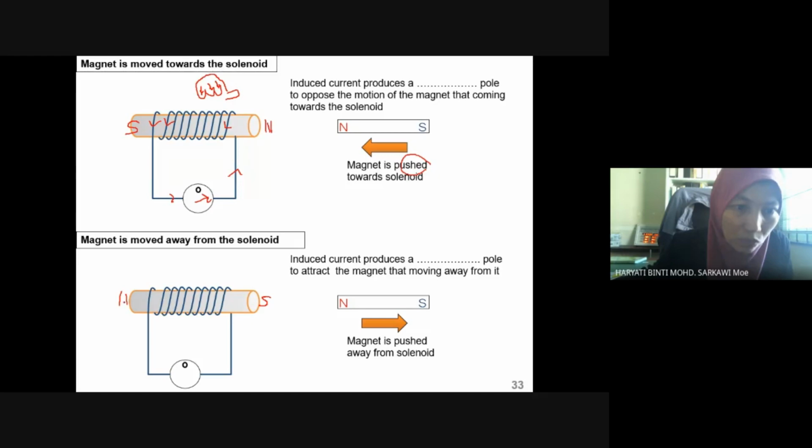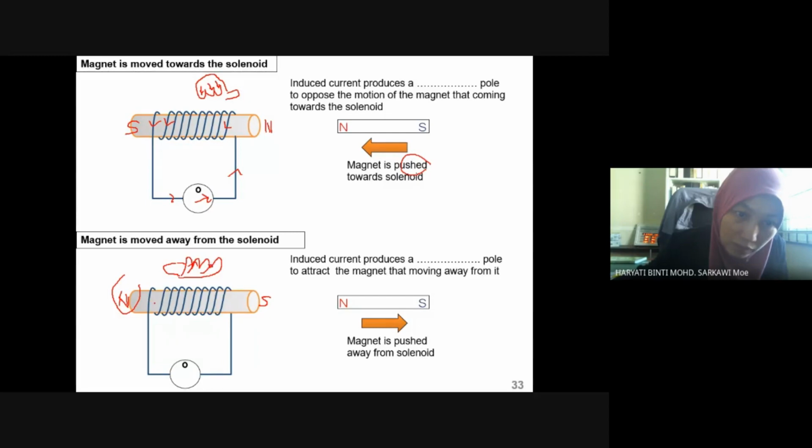So again, you use your right hand grip rule. Grip with the right hand, your thumb pointing to north, and then your four fingers will be, how to draw? Your four fingers will be like this. Hopefully you can understand my drawing. So this is north, your thumb pointing to north, and then the four fingers grip, so the direction is up.